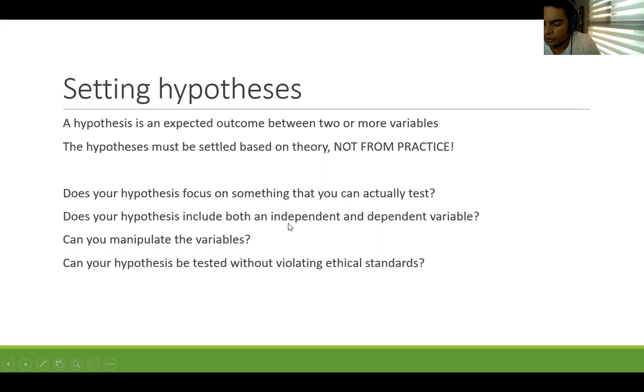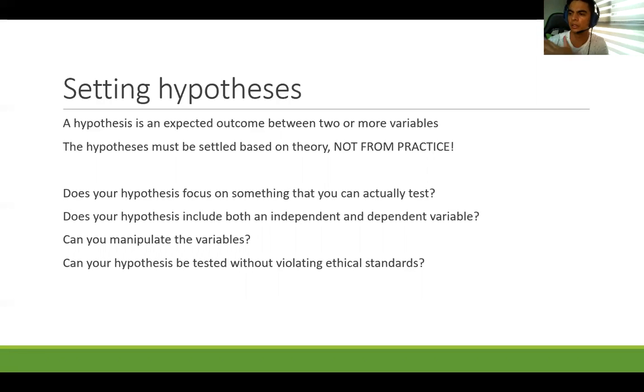Number two is that you are including a dependent and an independent variable. It's not like if you want to measure, for instance, if you drink more water, that's independent, then you will measure how much soda you drink. That doesn't make any sense, right?